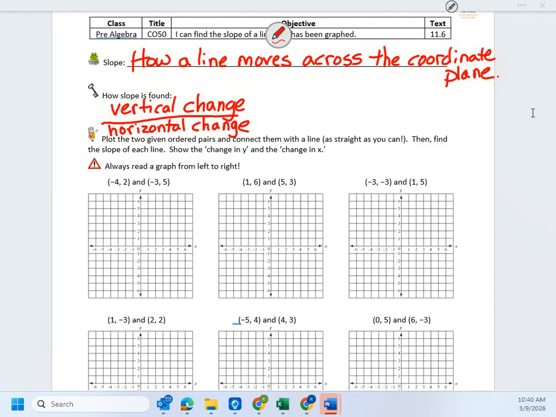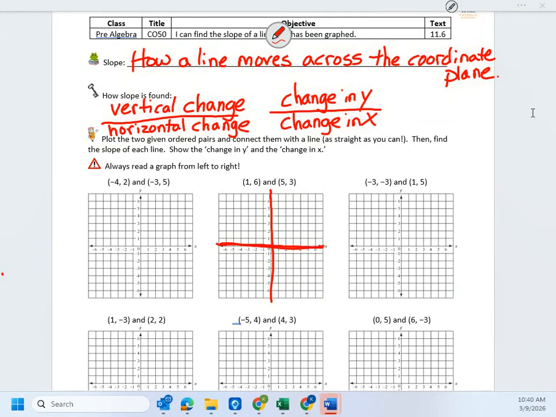So when we look at our coordinate plane, what goes up and down? Ellie? The y-axis. So that vertical change is the same as saying the change in y. So what would our bottom be? Yeah, the change in x, because the horizontal is the x-axis. So the change in the y over the change in the x.